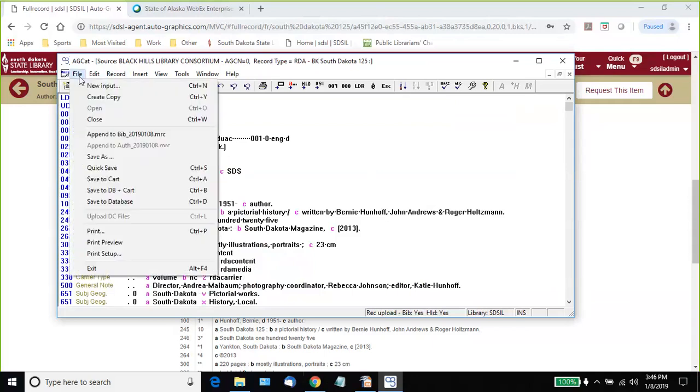And then if I wanted to, I could save this to my cart. If I had made some edits to it, I could save it right back to the database and SHARE-IT. I could save it to both the database and the cart if I wanted to.